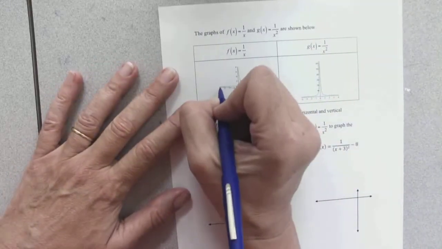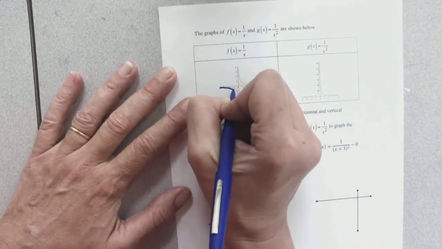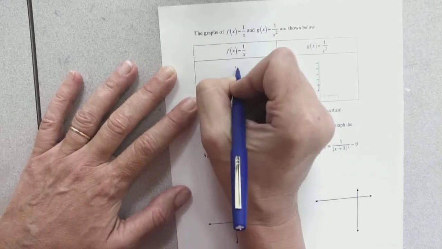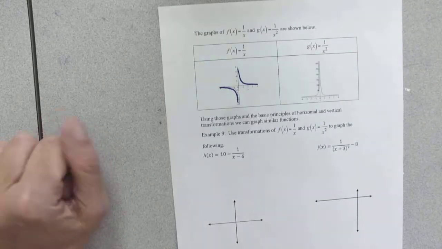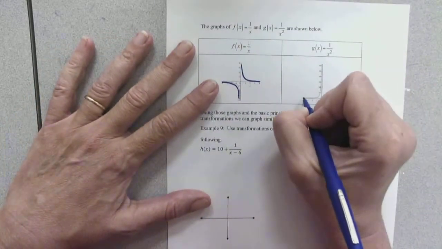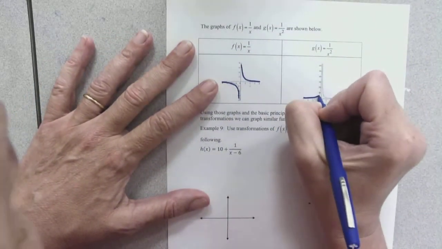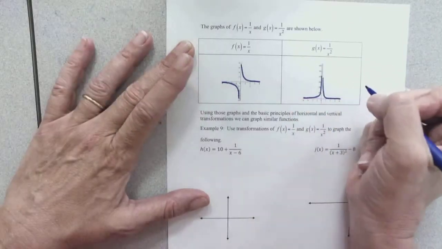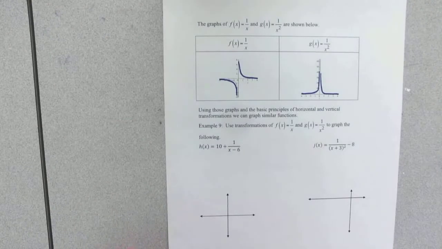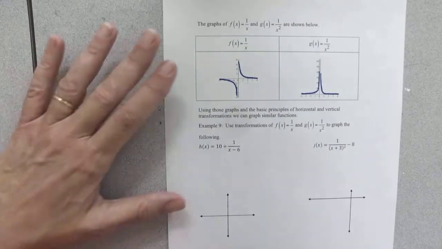And they're not particularly pretty graphs. There's 1 over x. That's called the reciprocal function in some books. And 1 over x squared looks something like that. And so all we're going to do here is some horizontal and vertical shifting, left, right, up, down, and so on.